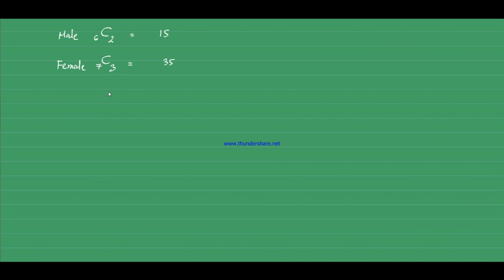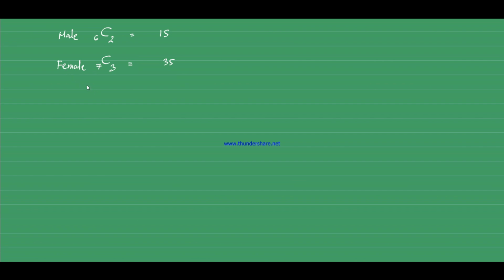But we need a group of 2 male and 3 female. Let's see how many ways to pick to create that group. This is where we apply the counting principle. There are 15 ways to pick 2 male, 35 ways to pick 3 female.